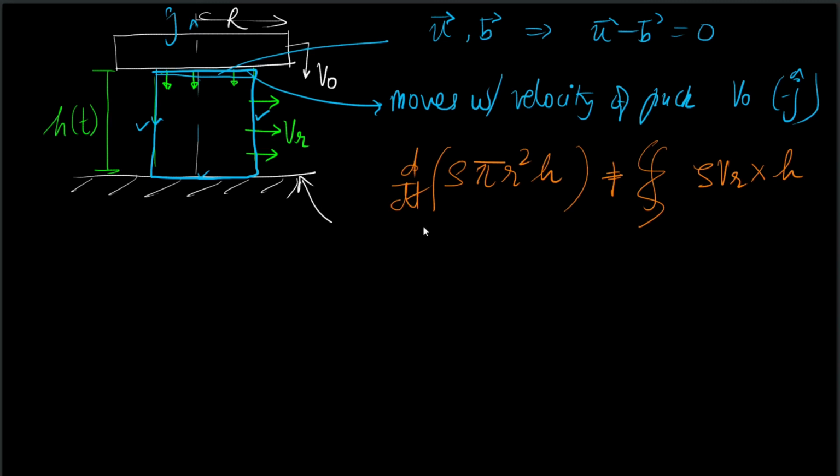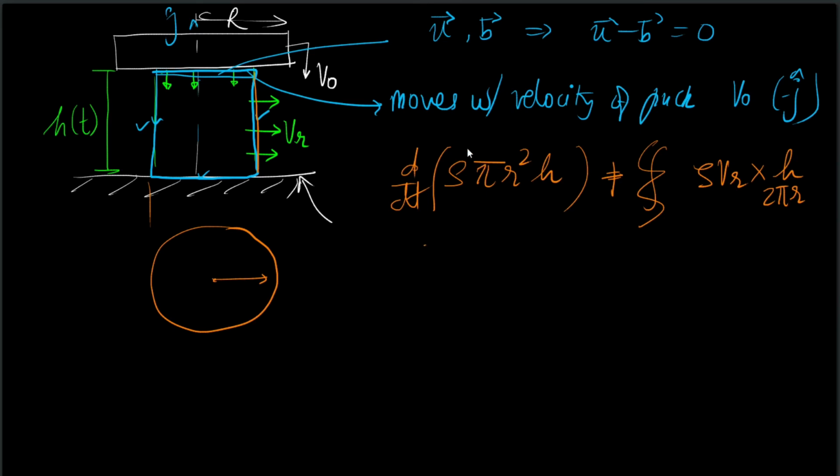So rho cancels out, no problem, because the density is fixed. Sorry, so this is rho Vr into h into 2 pi r. Because Vr is exiting through the area which looks like this from the top, the area through which Vr exits is 2 pi r multiplied by the height.